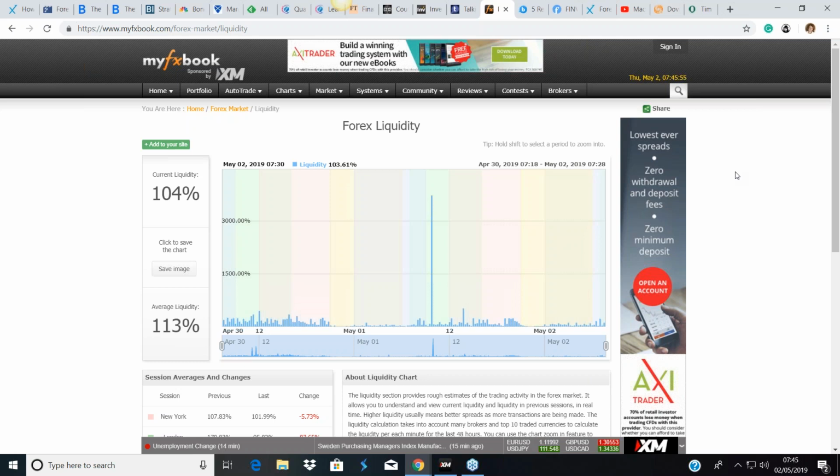The deepest liquidity is obviously when New York is open, because we have three major centres: New York, the UK, and Europe. But as those of you who have been trading for some time will know, whatever happens at London, price might be going up in one pair. Come New York, those traders will put their own interpretation and their own spin on what they see happening on the charts.